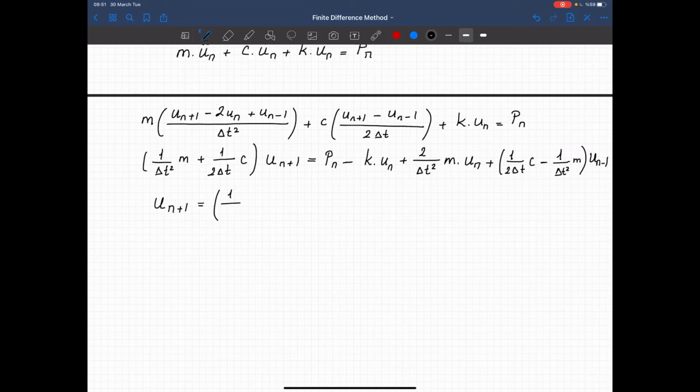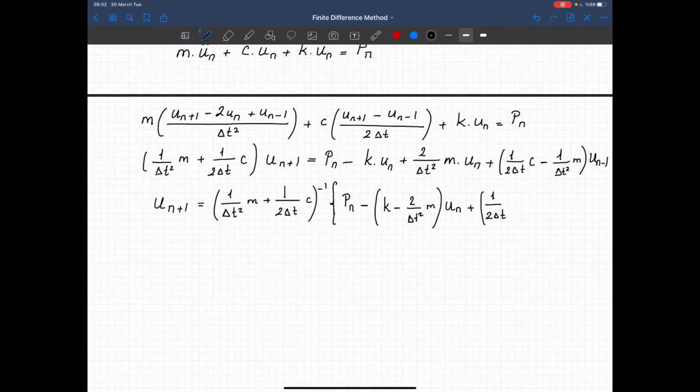This is equal to 1 over delta t squared m plus 1 over 2 delta t c inverse, multiplied by Pn minus k minus 2 over delta t square m multiplied by un plus 1 over 2 times delta t c minus 1 over delta t square m un minus 1.